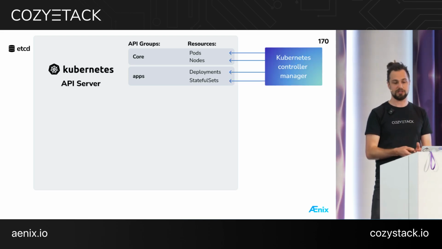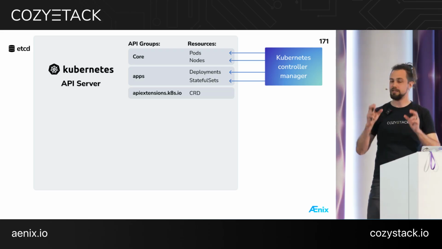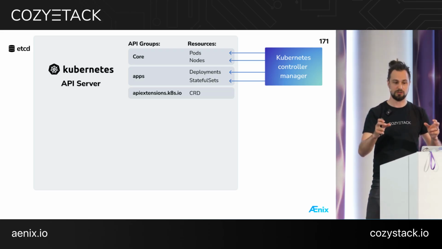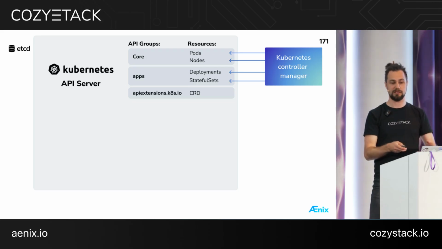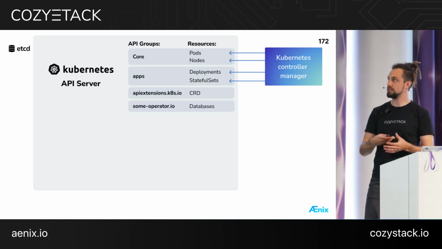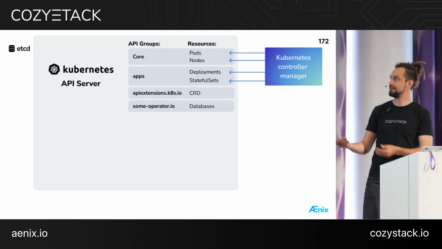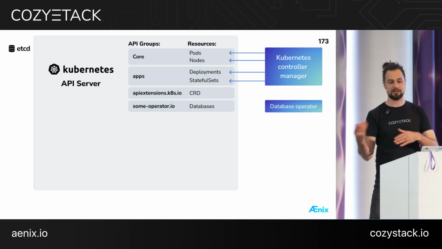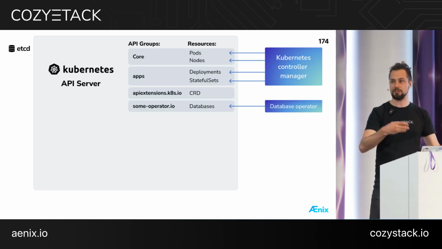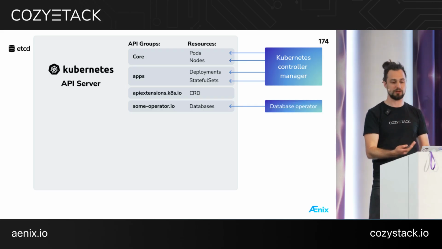All of these resources are managed by the Kubernetes controller manager. And you can also extend Kubernetes by creating a custom resource definition. So you define that this cluster will have another set of resources, let's say in an API group of some operator, with a resource database, and we can run an operator which will actually do the reconciliation logic for these kinds of resources.